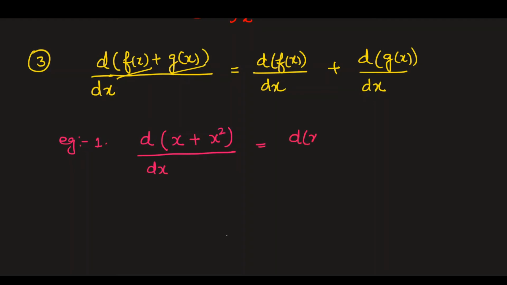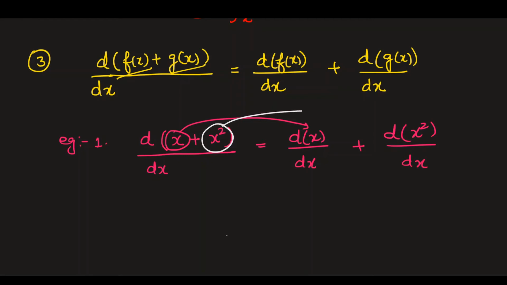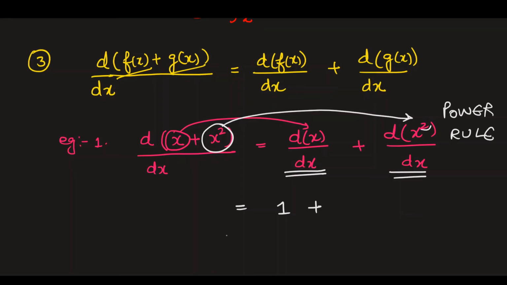It will be equal to d of x upon dx, that is the first function, plus d of x square upon dx, the second function. Now this first is equal to 1 and for this we have to apply the power rule. So this 2 is the n here, so 2 into x to the power 2 minus 1, that is 1 plus 2x.